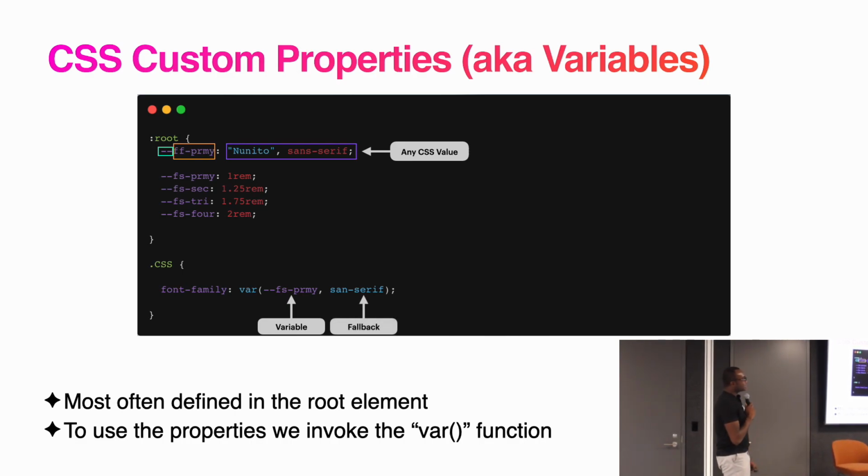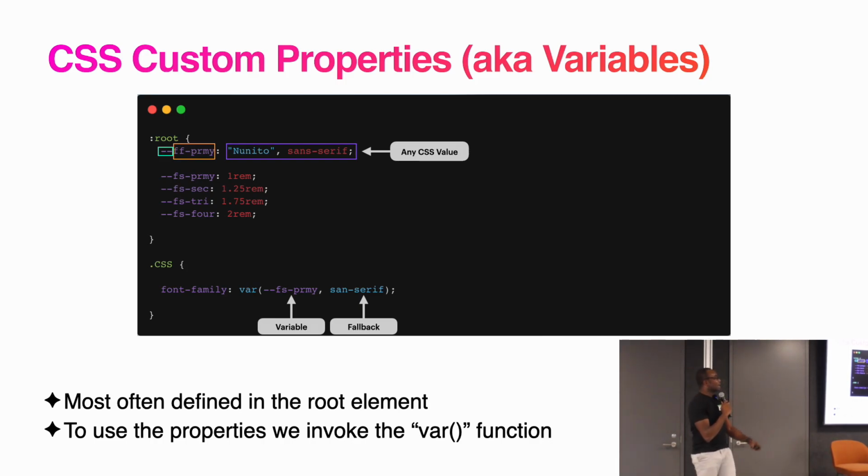And in the case that the variable itself is not defined, or we forget to include it, we can also include a fallback value. So this specifically is saying, within the font family, go look at our root element, see if any of these variables themselves are defined. Specifically in this case, the font size primary. If it's not defined, then just fall back to the sans serif.